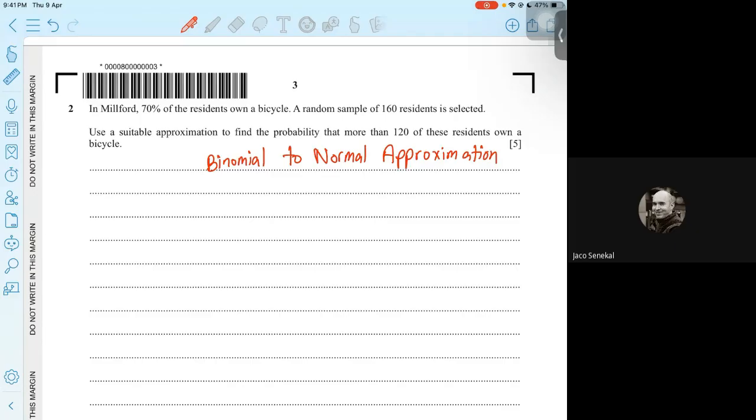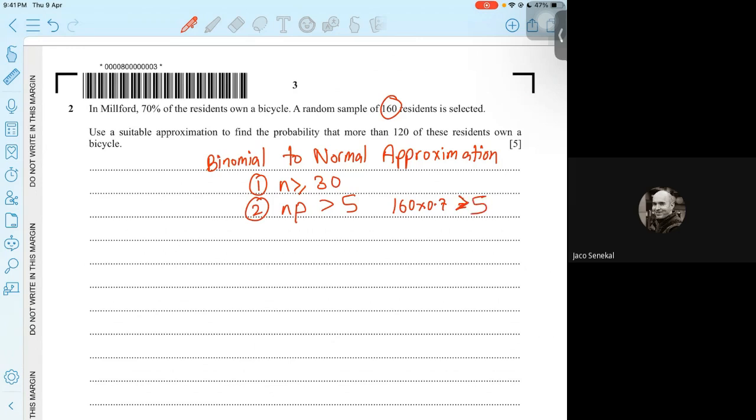So the requirements for these are such as one, n has to be greater than or equal to 30. In this case, n is 160, so obviously that passes. Number 2, np has to be greater than 5. So in this case, n is 160 and p is 0.7. So 160 into 0.7 is obviously going to be more than 5.